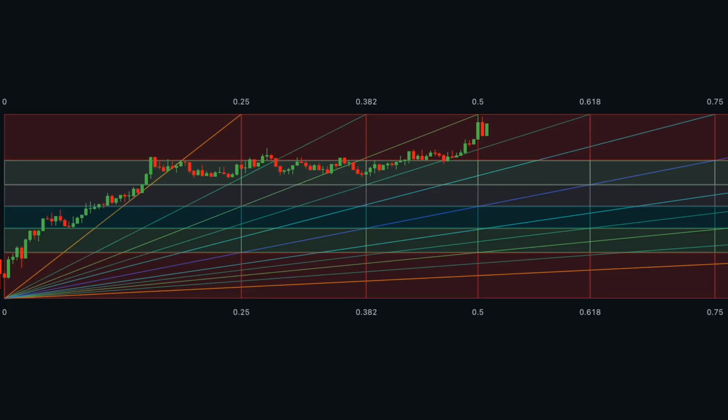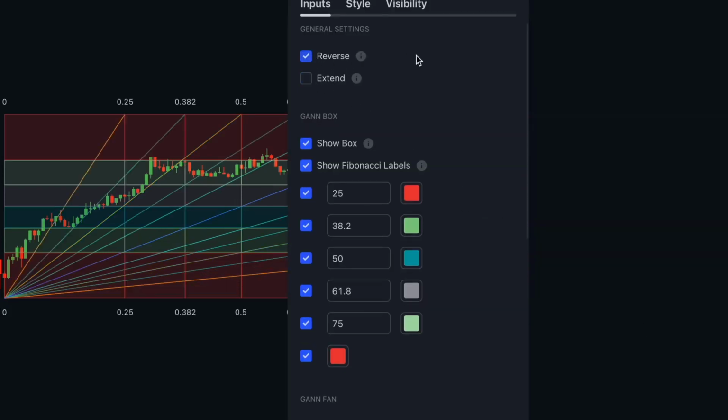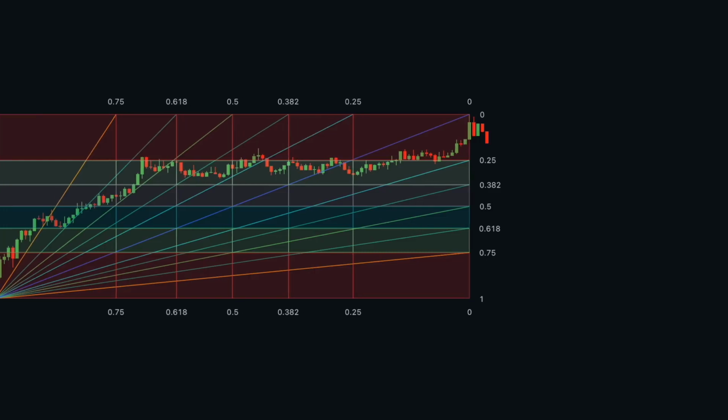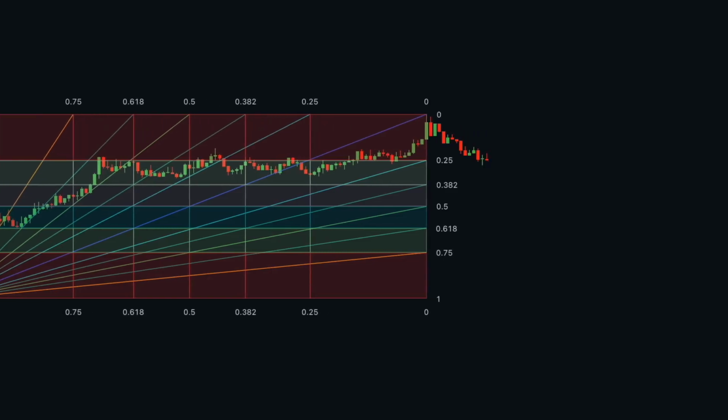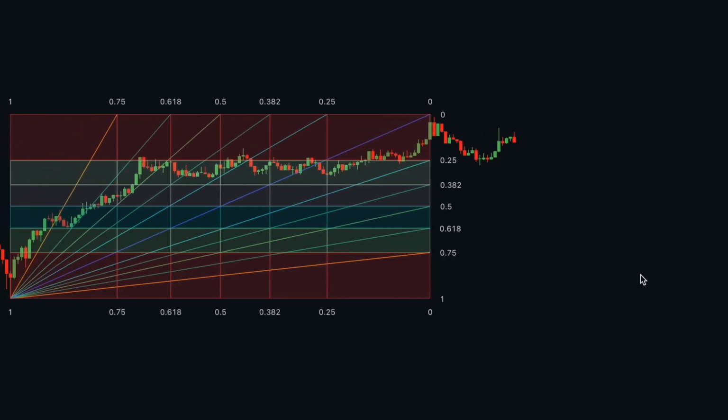Advanced features allow extending the box into the future for predictive analysis and reversing its orientation for alternative viewpoints. Using a GAN angle to forecast support and resistance is probably the most popular way they are used. This technique frames the market, allowing the observer to read the movement of the market inside this framework.